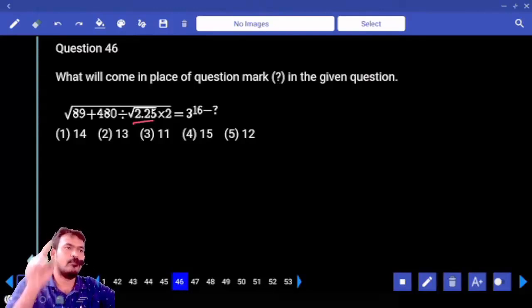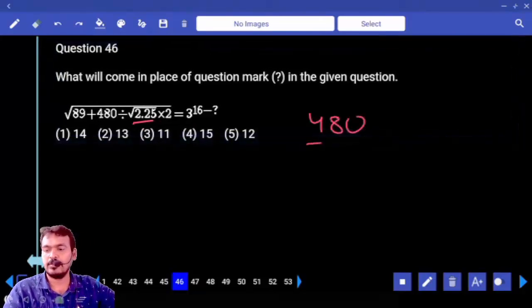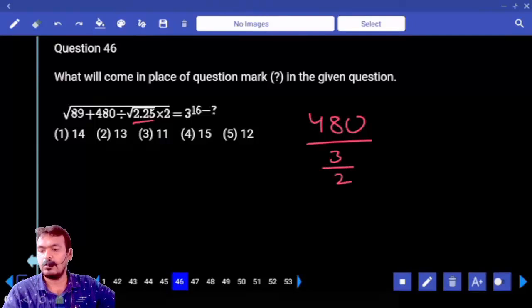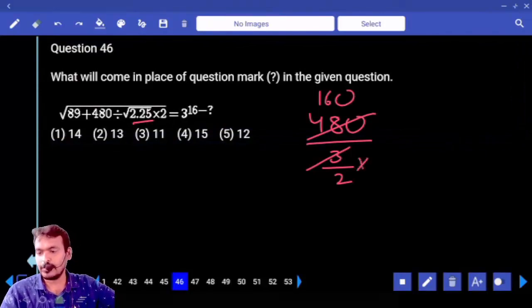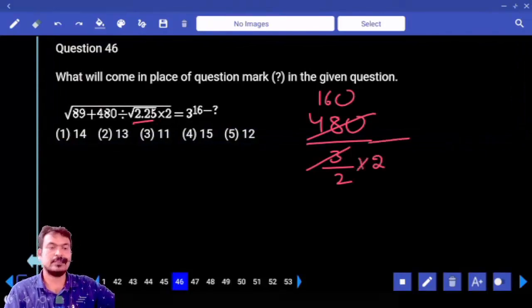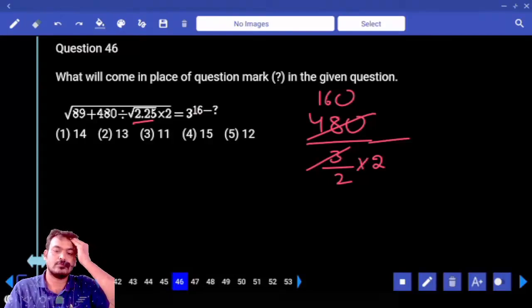It will become 480 into 2 by 3. 480 by 3 means 160. 160 into 3. 480 by how much value? 3 by 2. 3 almost how many times? 160 into how much value? 2. It is denominator into 2 or numerator into 2?